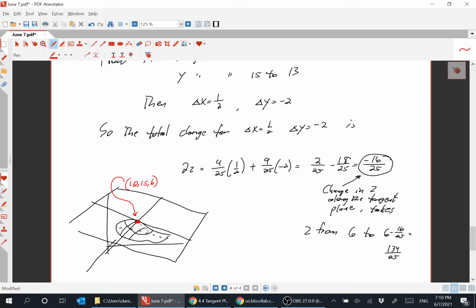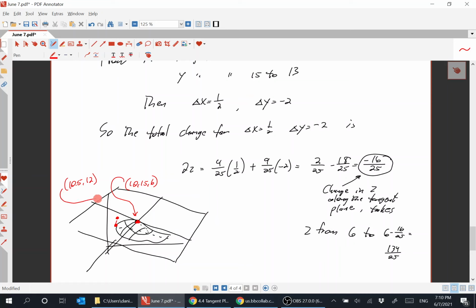Now we're changing x by 1/2 and y by -2. So we're going 10 to 10.5, go out this way, and then for the y we're going back, so like over here. So x equal to 10.5, y equal to 12.